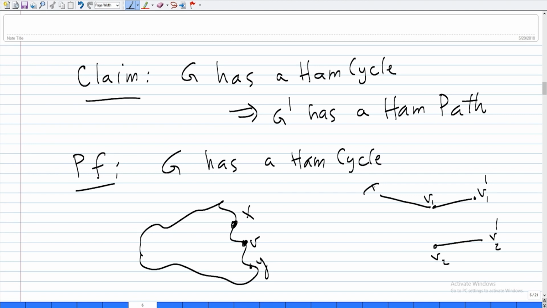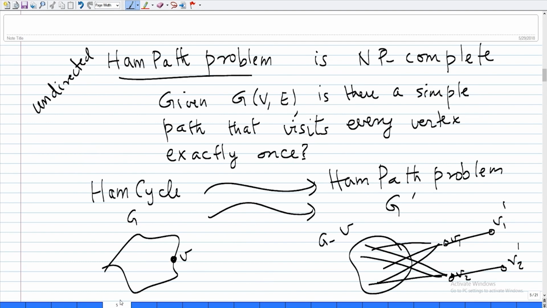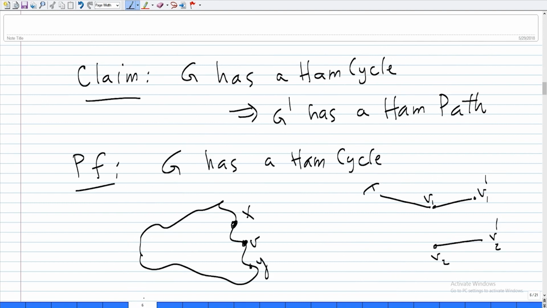Because I made the construction ensure that whatever V was adjacent to, V1 and V2 are adjacent to. So if x and y were adjacent to V in the graph, then x will be adjacent to V1, and y will be adjacent to both V1 and V2. I have no problem. So from x, I will traverse the rest of this cycle, come up to y, then go to V2. That is my Hamiltonian path.